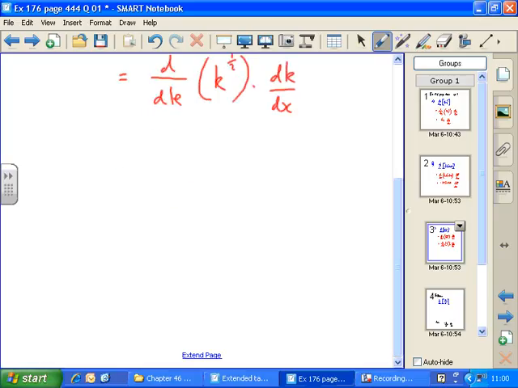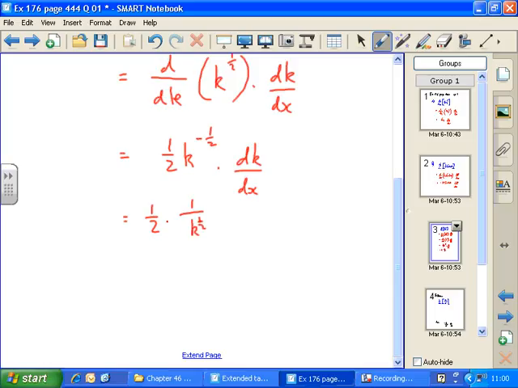But the solution continues as follows. So if I differentiate, this gives me a half k to the minus a half times dk by dx. Rewriting this as half times 1 over k to the half times dk by dx.